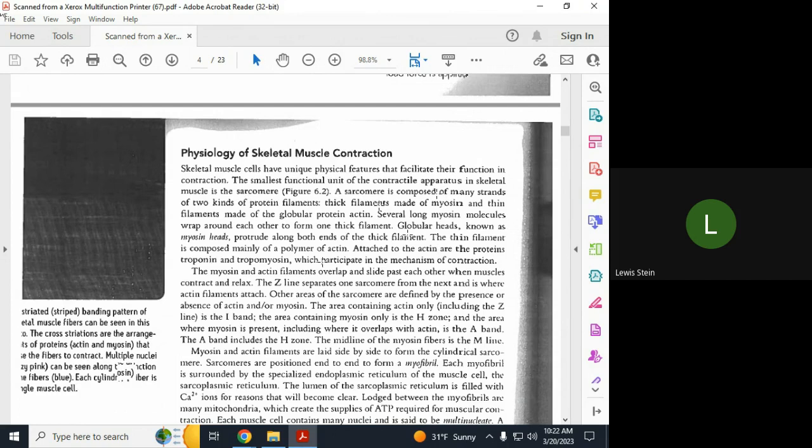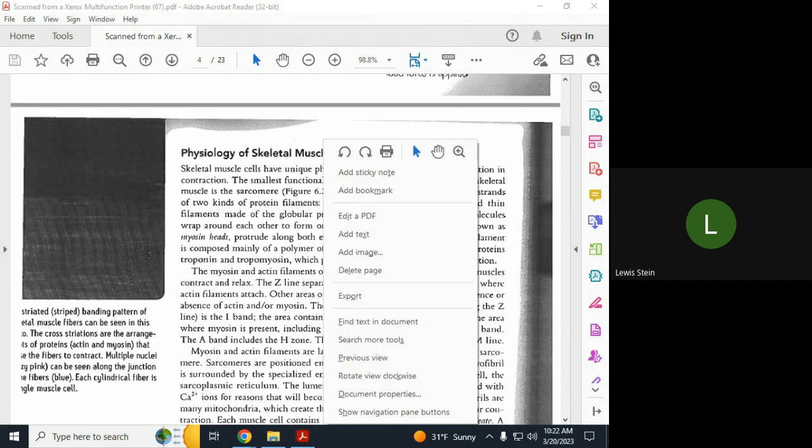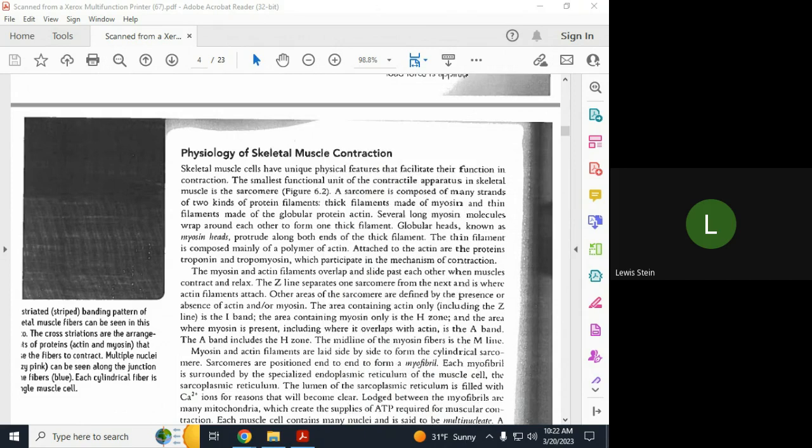It covers those binding sites and is held in place by the troponin, which is a plug-like protein that secures it. I always use the analogy of thumbtacks or push pins. When you move them, it zips out of the way.